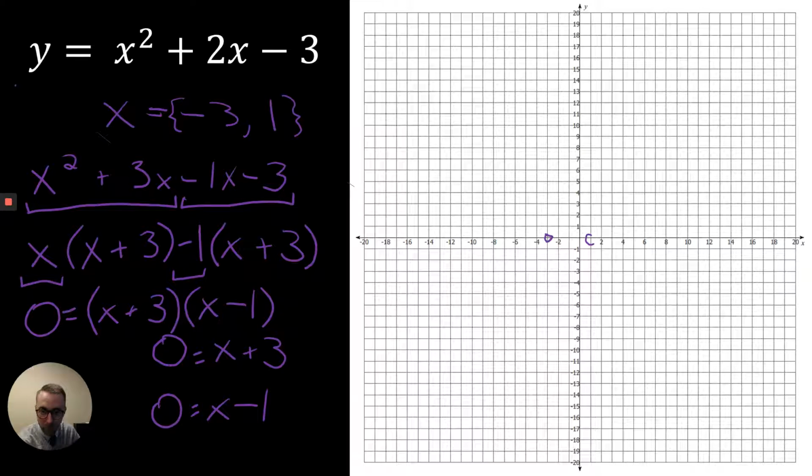So my line is going to cross in these two places. And I happen to know that it's going to kind of curve like this. So this is, if I was graphing my curve, it's going to end up looking something like that.